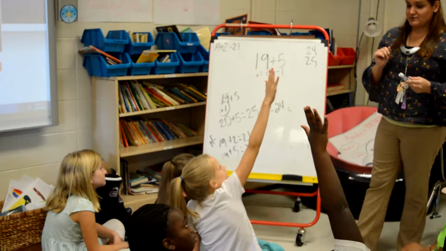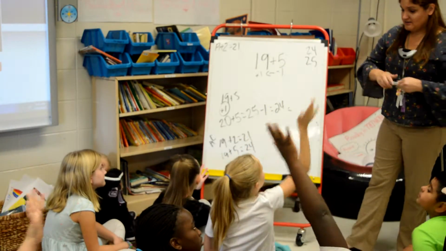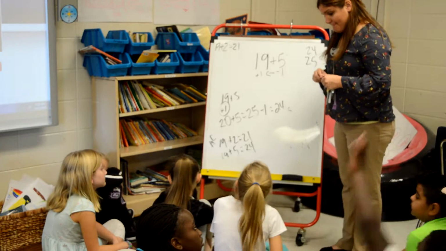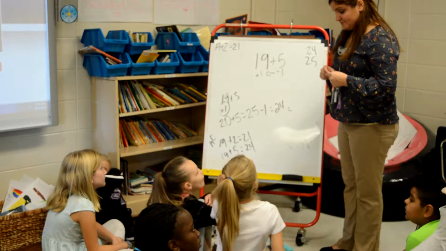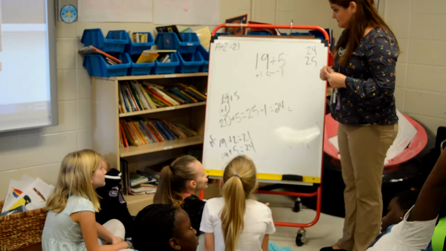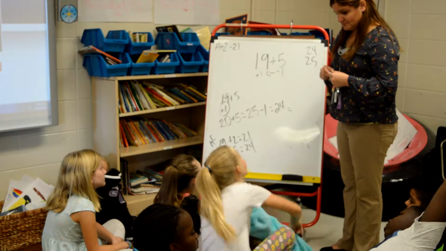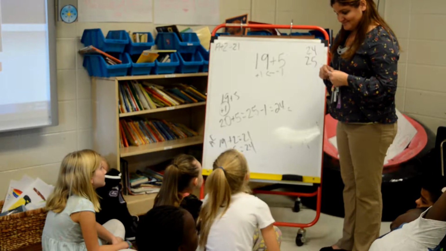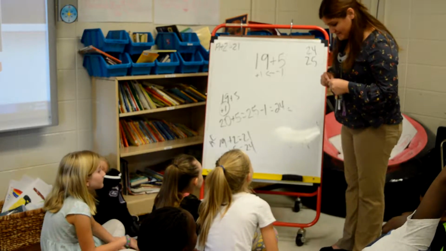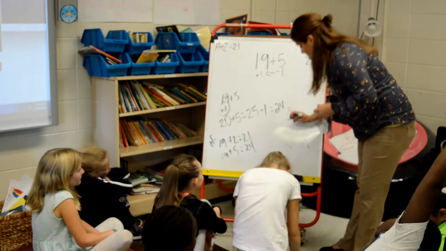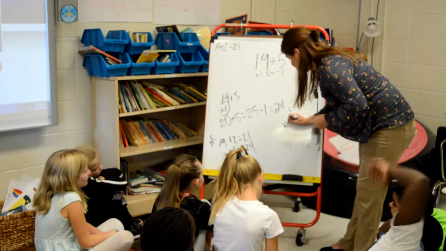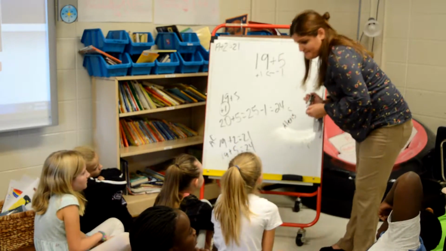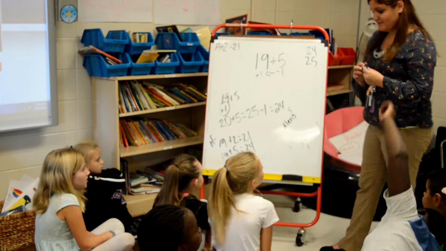Okay, one more way. What's another way you solved it? I put 19 in my head and then I just added 5 more. I mean, I took away from the 5. Talk me through it again. Did you use the standard algorithm like you did last time? You didn't? Tell me about what you did this time.